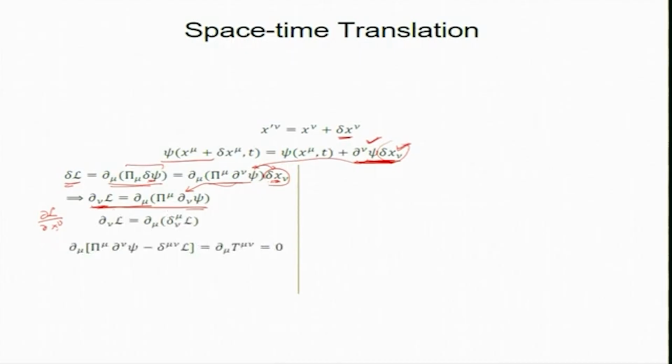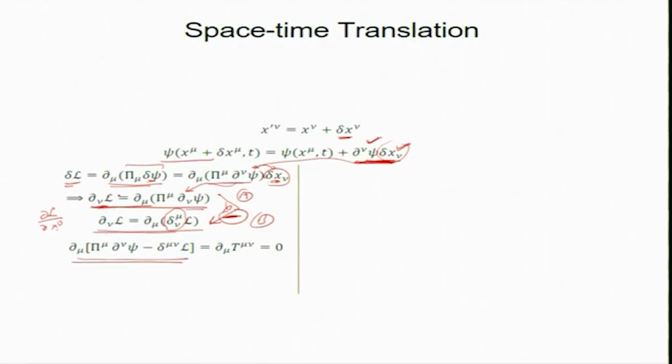Now by definition we can write this, I am just introducing a delta function here. And now subtract these two, this a minus b.